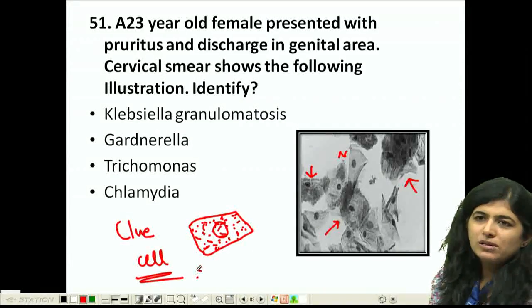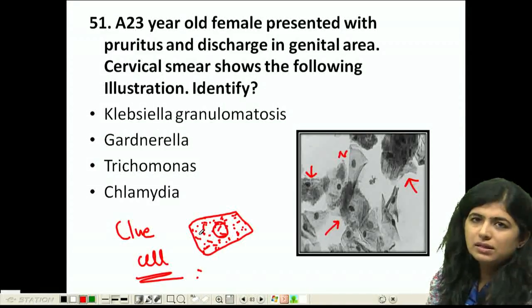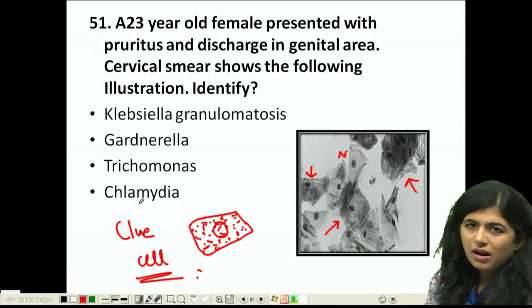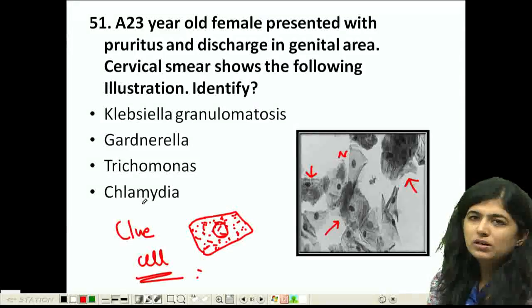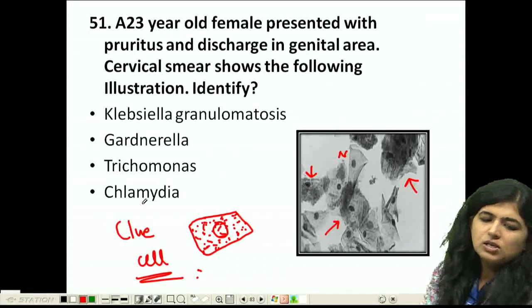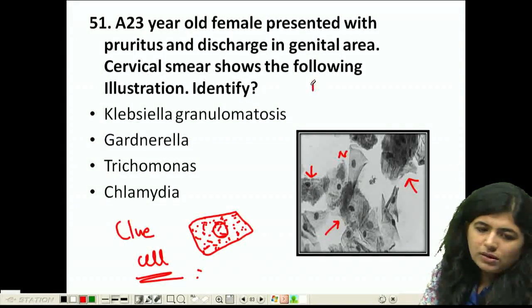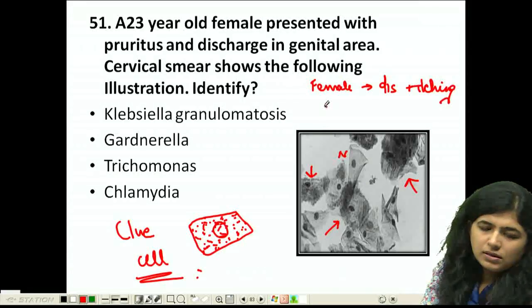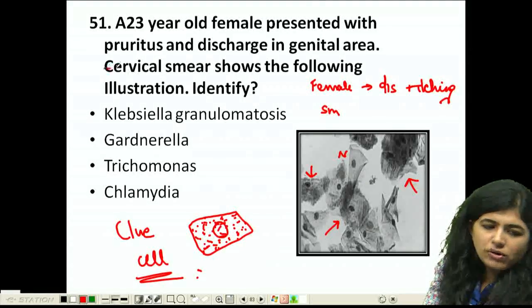What is a clue cell? Clue cell is vaginal squamous cell studded with Gardnerella. That is what a clue cell is. So this image tells you that it's a female with discharge and itching. This is actually wrong. It should be a vaginal smear.